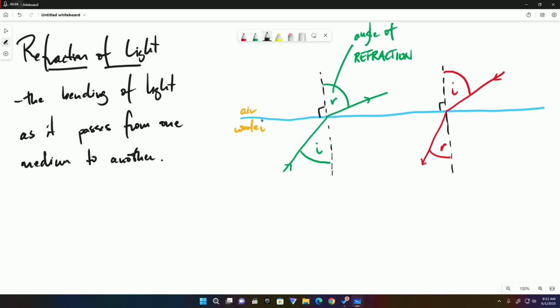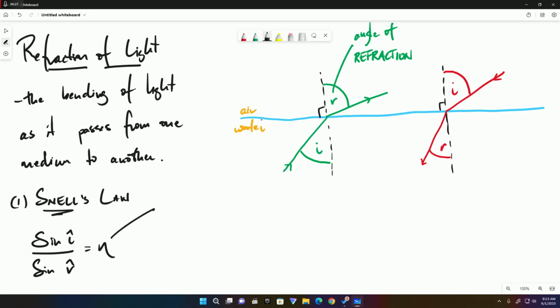So, there are two laws, just like reflection, that govern refraction. The first law is what we call Snell's law. Snell said that the ratio of the sine of the angle of incidence to the sine of the angle of refraction is a constant, which we call the refractive index.